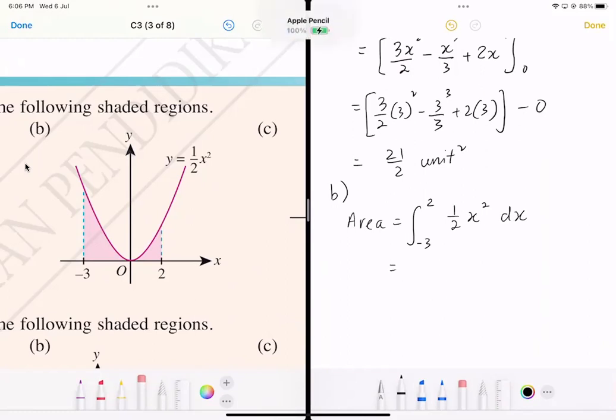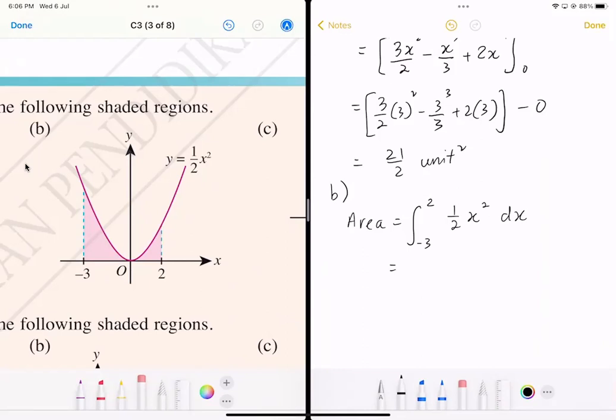Positive or negative? Negative. No, it's still above the x-axis, right? It doesn't matter if it's on the left side of the y-axis. If you're doing with the x-axis, you just see whether it's above or below.